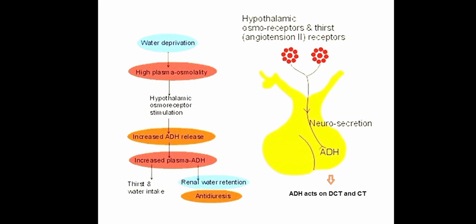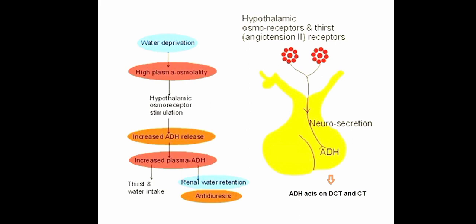It increases the permeability of the DCT and the collecting ducts to water. So what does it mean? It causes increased conservation of water by the kidneys. How will it conserve the water? Actually, the reabsorption of water will increase.